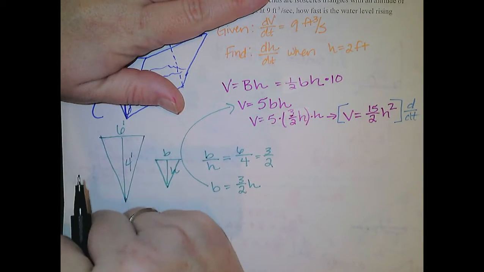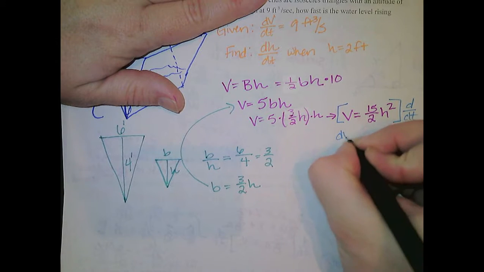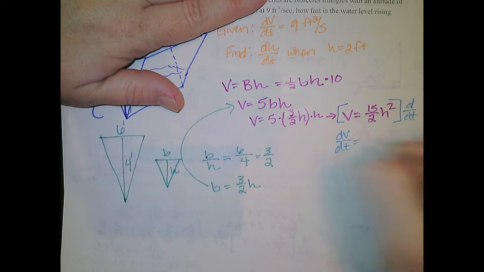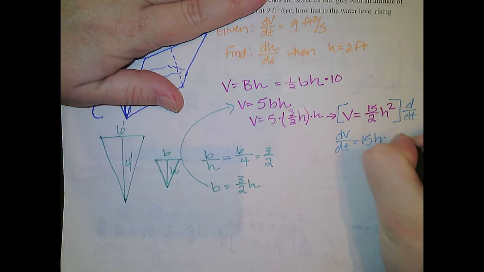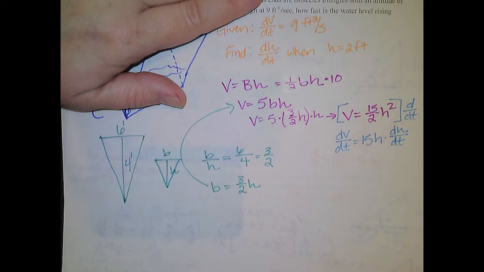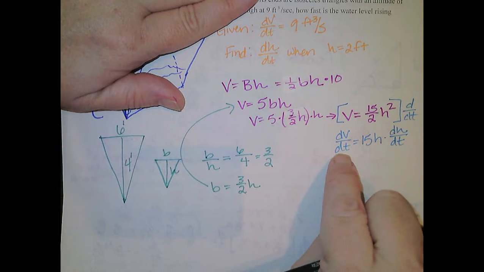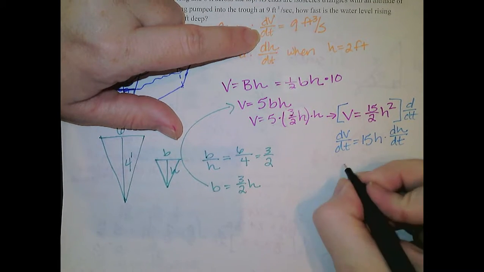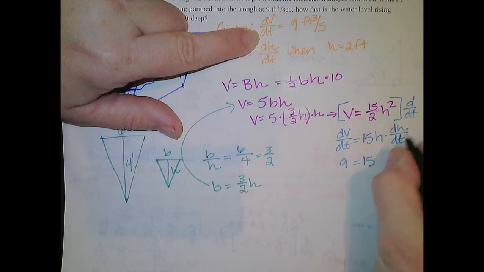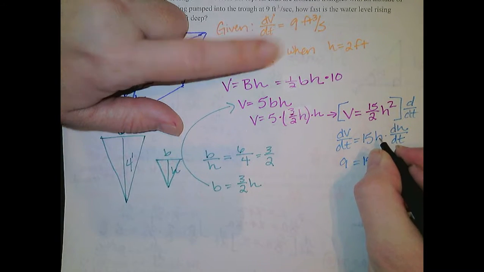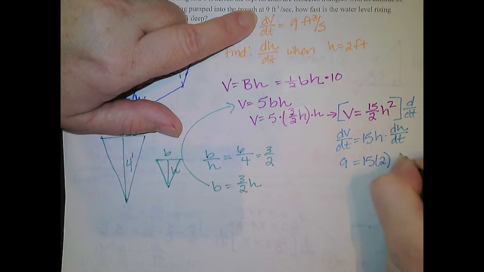So the rate of change of the volume with respect to time will be equal to 15 times h times the rate of change of the height with respect to time. I know that dV/dt is 9 cubic feet per second, and I'm looking for dh/dt when the height is 2 feet.